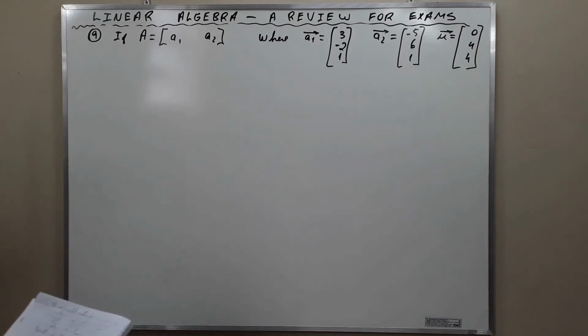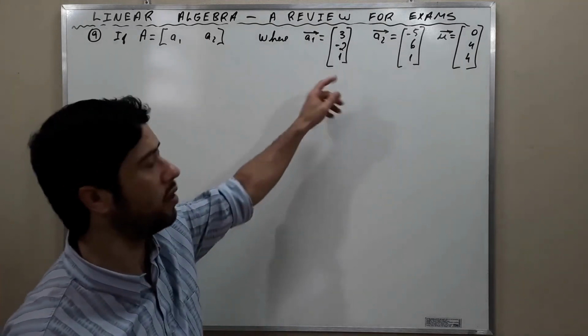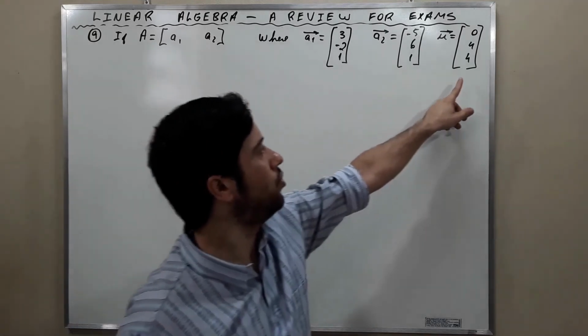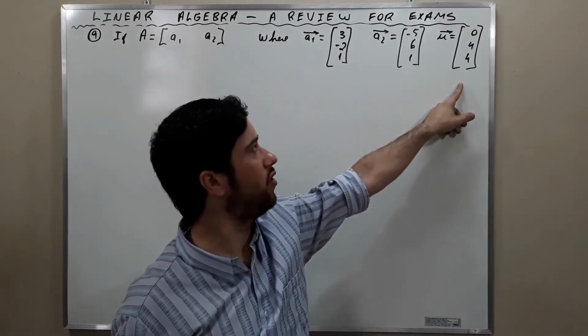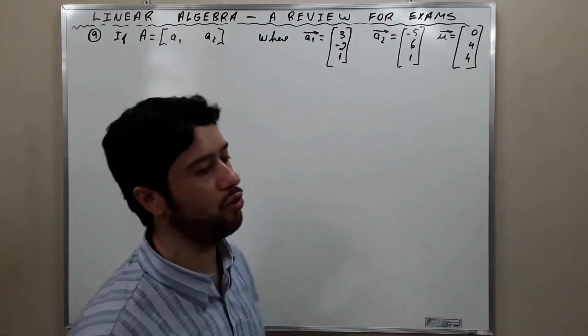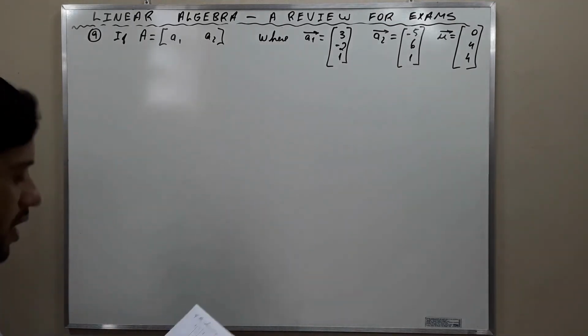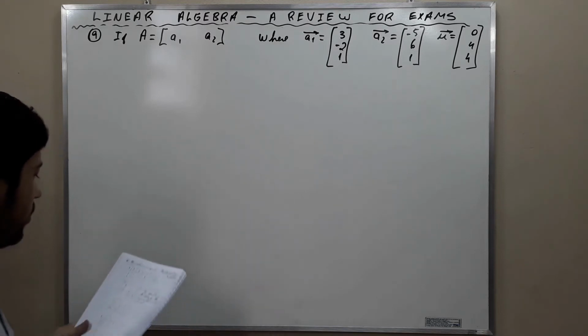The solution will be: vector u is in the plane spanned by the columns of A if and only if u is a linear combination of the columns of A. In other words, u will be in the span of A1 and A2 if it can be written as a linear combination of A1 and A2. Okay?